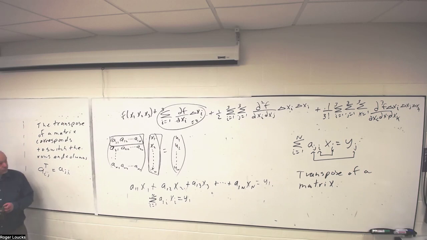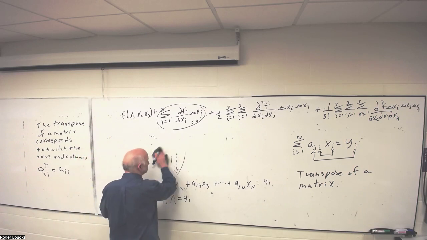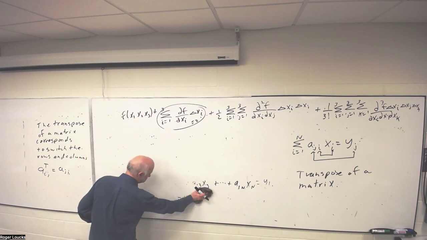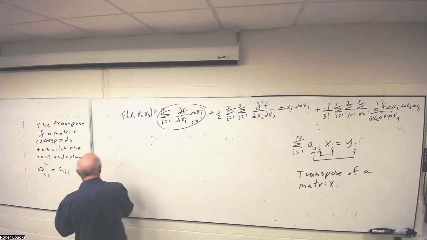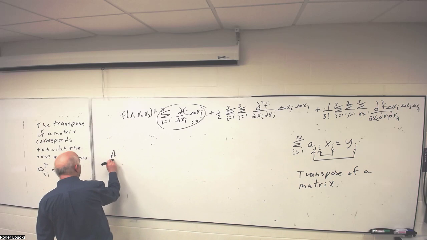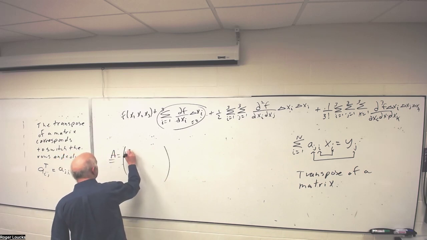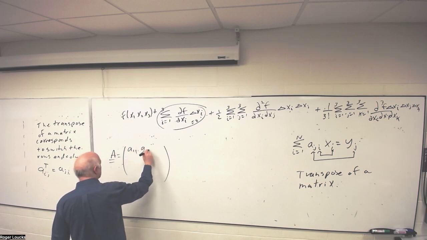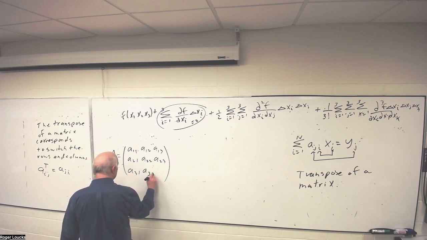That's what it means. And if I have my, let's say here's my A: A11, A12, A13, A21, A22, A23, A31, A32, A33.